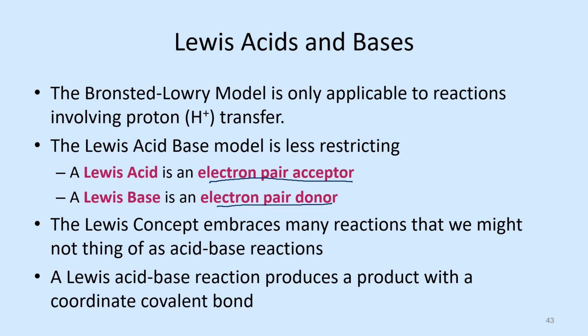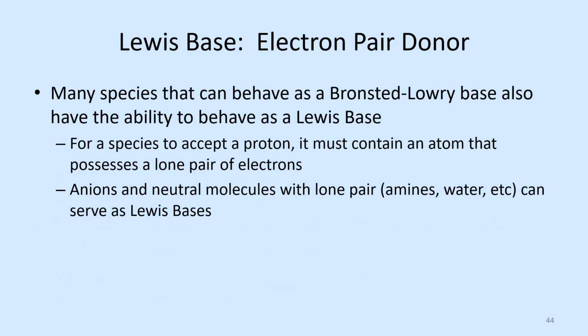You'll see what I mean in just a second. Sometimes a Lewis acid-base reaction can only produce one product, and it's called a coordinate covalent bond. Let's look at that in a minute.